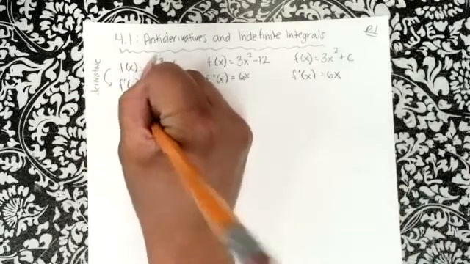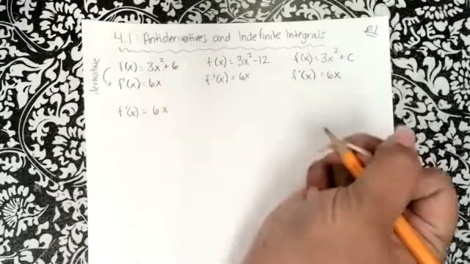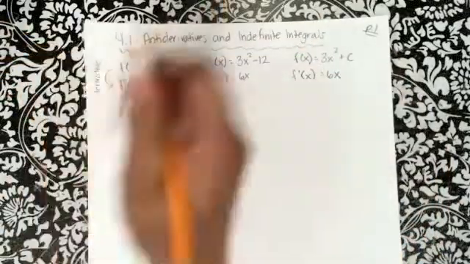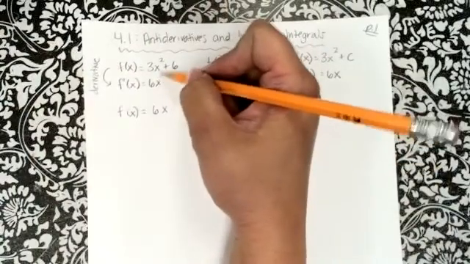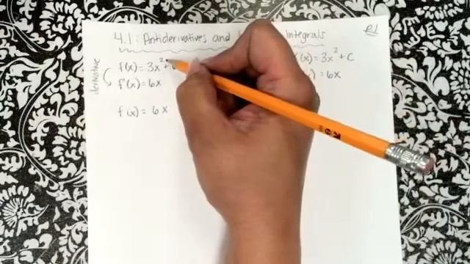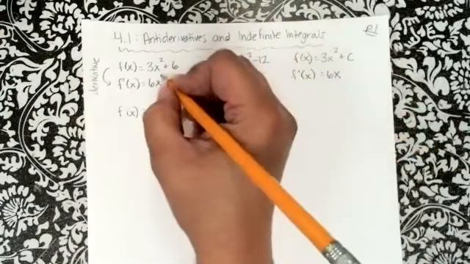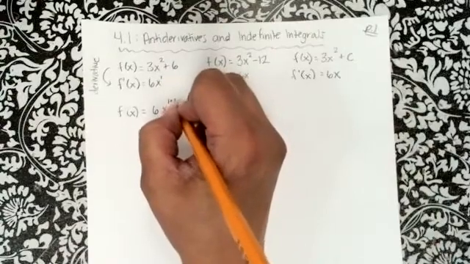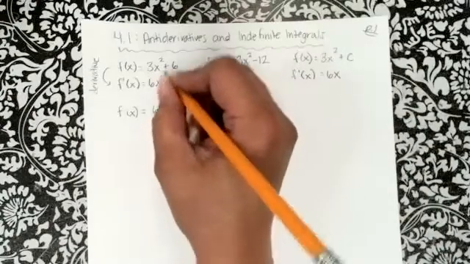So right here, if I start with a 6x, now keep in mind, notice that the power has to go up. Right here, it's a 1. Well, I need it to be a 2. Basically there is a 1 right there, you just don't see it. So I'm technically adding 1 to the exponent.